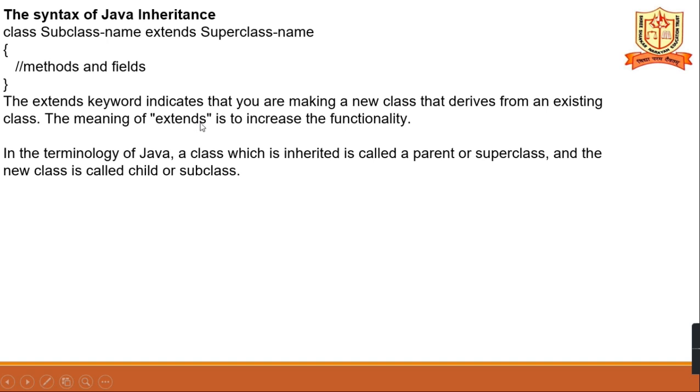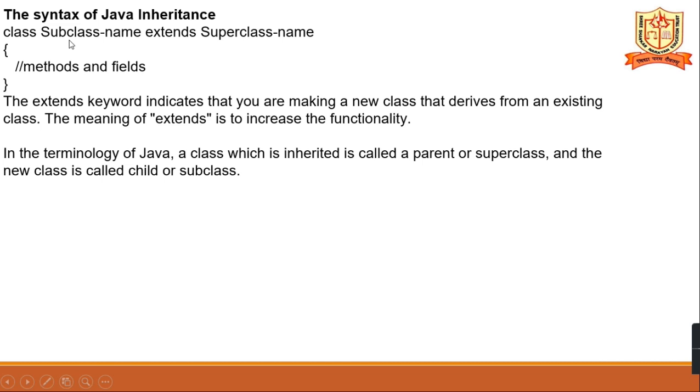The meaning of extends is to increase the functionality. For inheritance, we use this extends keyword. In the terminology of Java, a class which is inherited is called the parent or superclass, and the new class is called the child class or subclass. Is it clear?